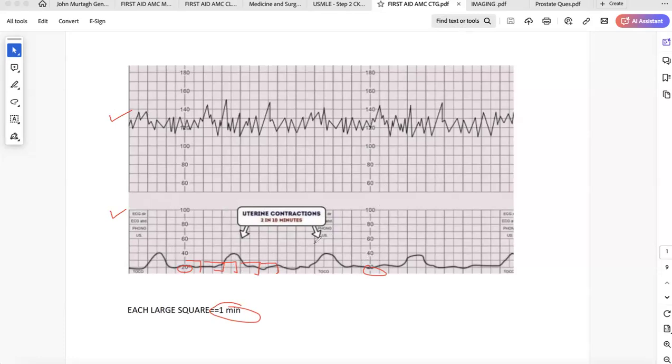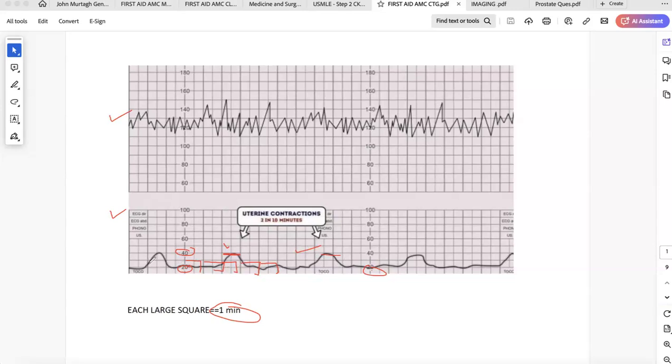Here, from here to here, there are only 2 uterine contractions happening. You can also find out the intensity of the contraction. Here it is 40, 60, so it is a 40 millimeter of mercury intensity contraction. Okay, so these are the two main ideas that you can get from here.